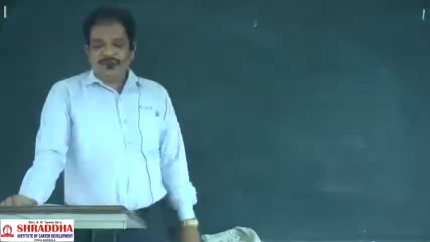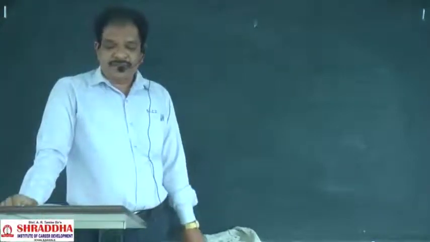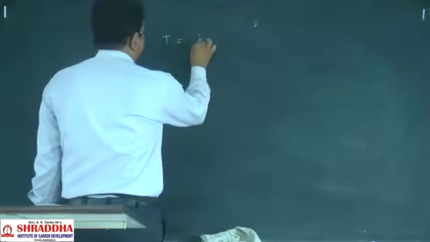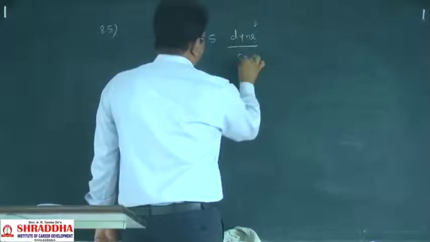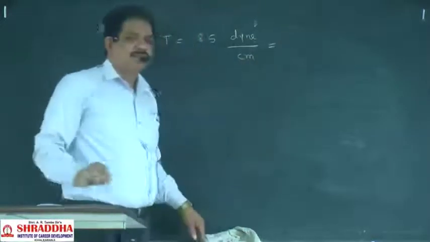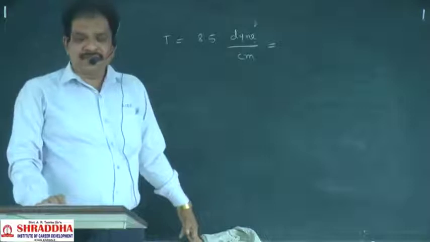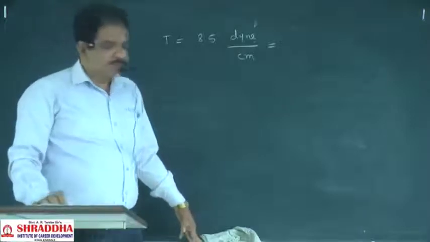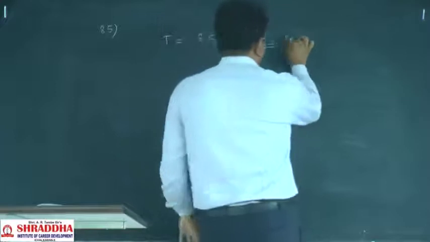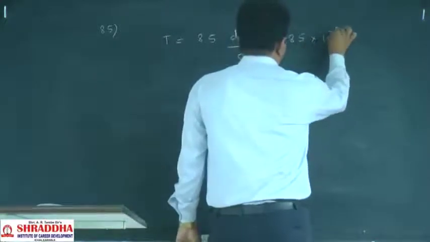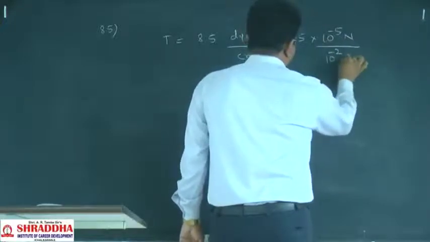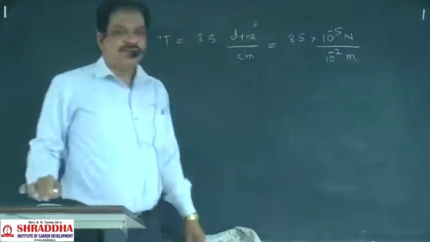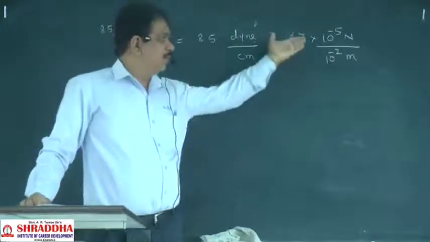So 85. Surface tension is 45 dyne per centimeter. Express this in the SI system. So 1 dyne means 10 power minus 5 Newton. 1 centimeter means 10 power minus 2 meters.